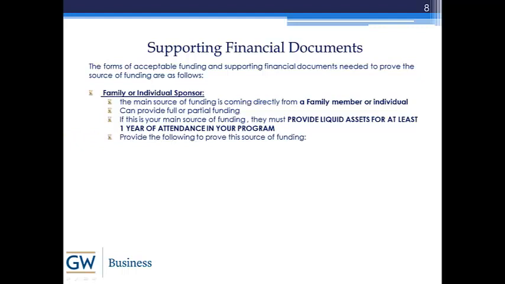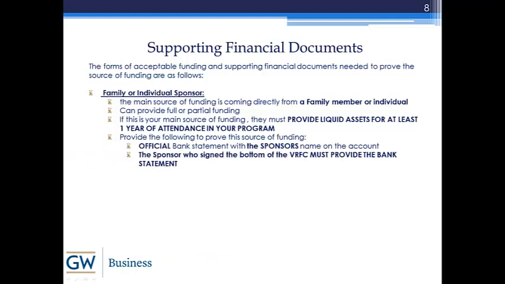To prove that they have the available assets, the sponsor must provide an original bank statement with the sponsor's name on the account. Once again, this must be an official bank statement from the bank with the sponsor's name on the account. The sponsor who signed the bottom of the visa request and financial certification form must provide the bank statement.